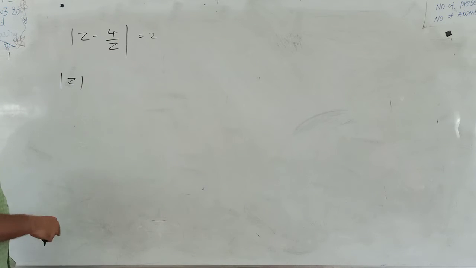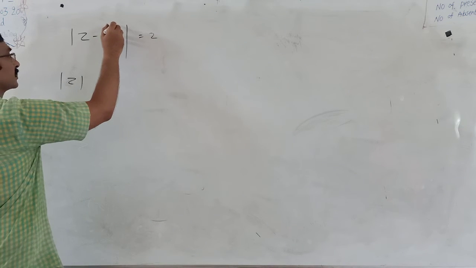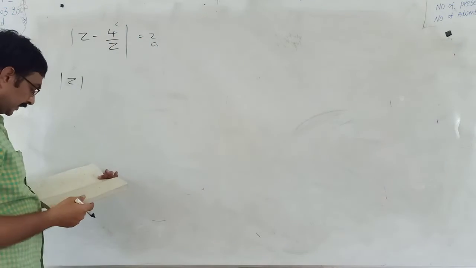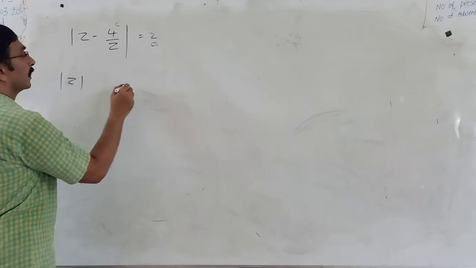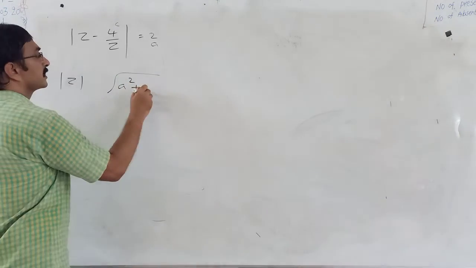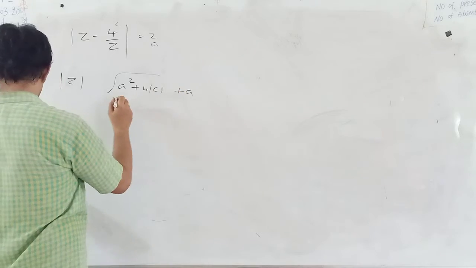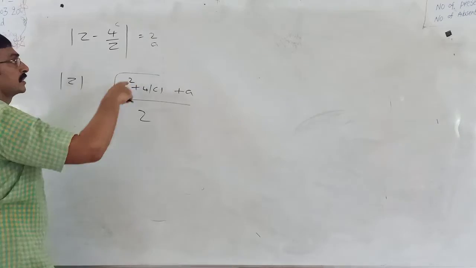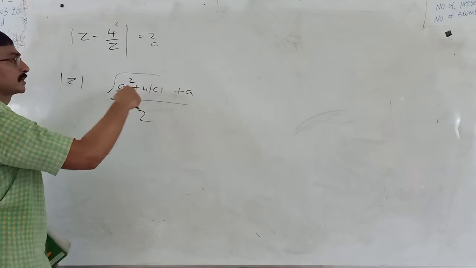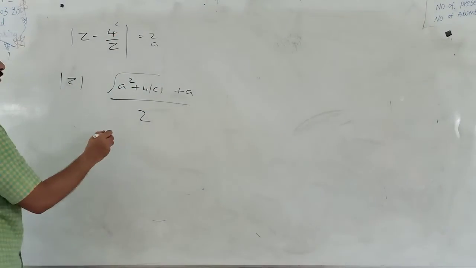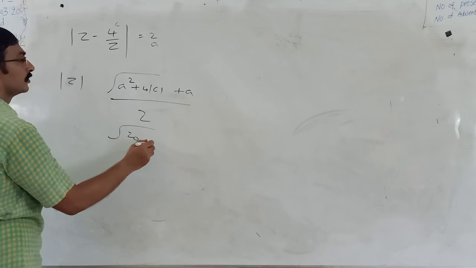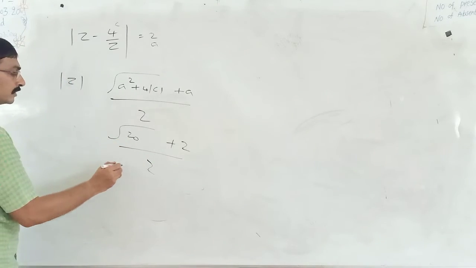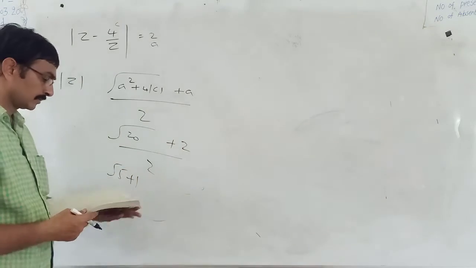Just from the above result, in the place of c there is 4, in the place of a there is 2, then the formula for maximum value is (root of a square plus 4 |c| plus a) by 2. So a is 2, c is 4. Just substitute: therefore 4 plus 16, 20, plus 2, by 2. So this is 2 root 5. So the answer is root 5 plus 1.